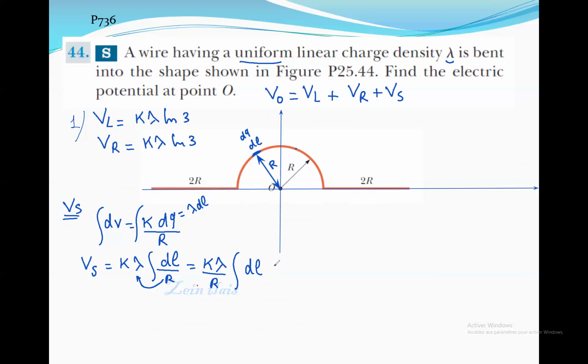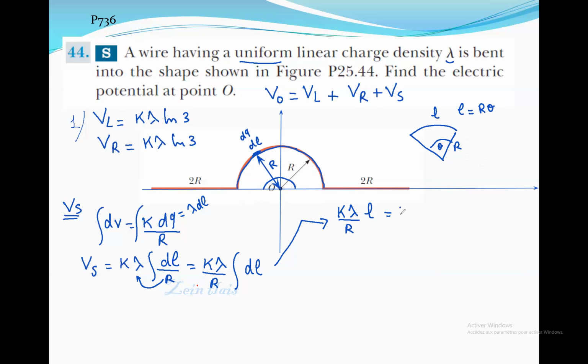Here you can solve it like this. First of all, you know the integral of dl equals L. You can write k lambda divided by r times L. Okay? And you know L from here to here. If we have L like this with an angle theta and a radius r, L equals r theta. In this case, L equals r theta, theta equals pi.